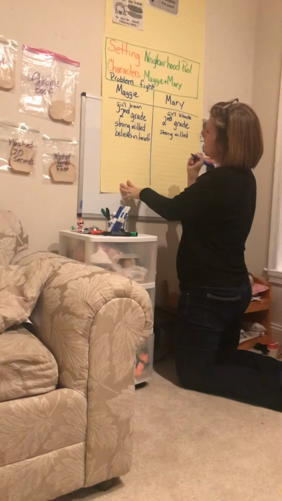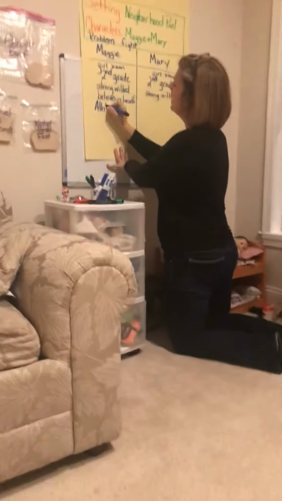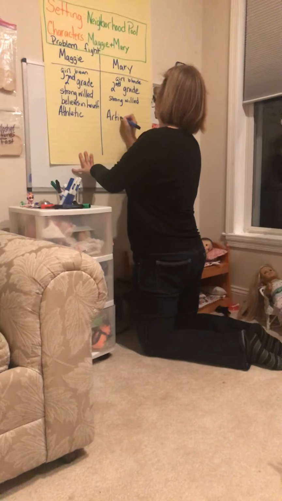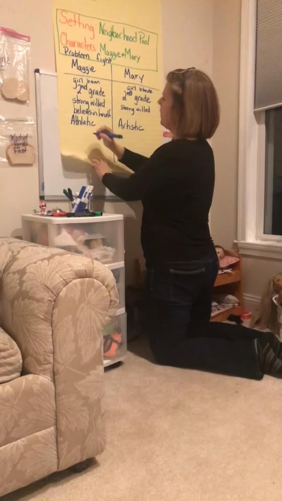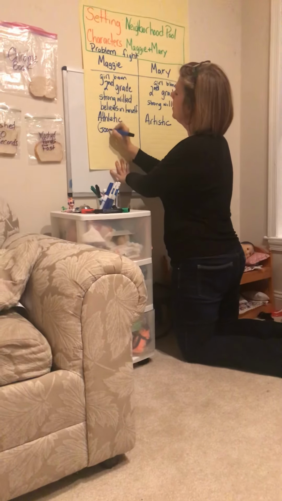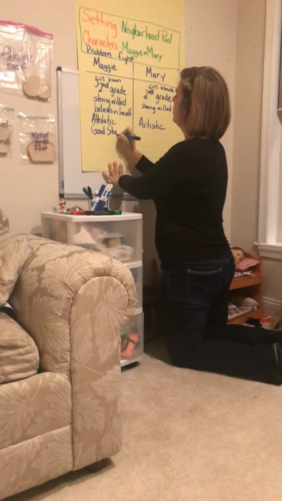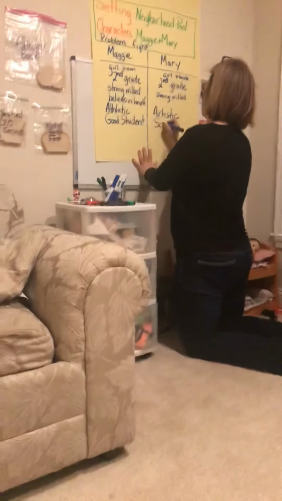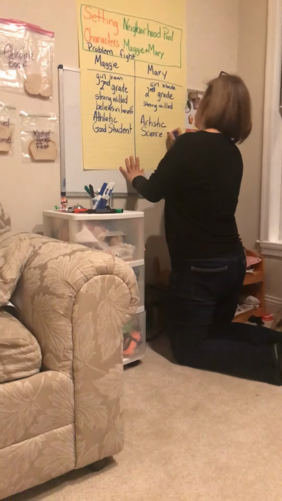Over here, Maggie is athletic and Mary is artistic. Maggie is a good student. And Mary is all about science and she doesn't like school.